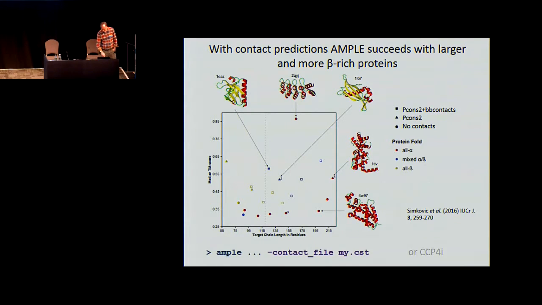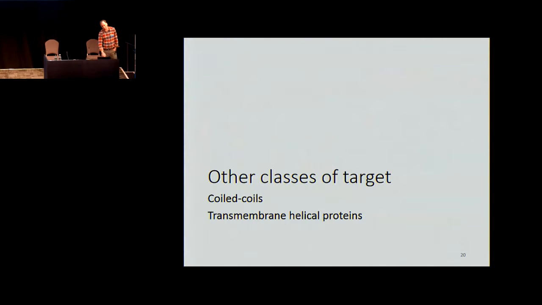If you want to try this, it's one extra flag in the AMPLE command line, or there's a task in CCP4 where you can paste in some contact predictions derived from a server and easily incorporate that in your local modelling. That's all globular proteins.